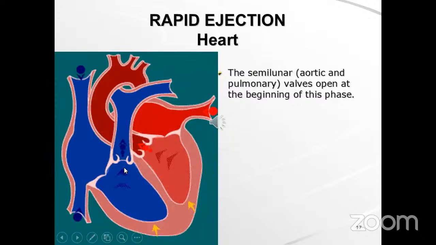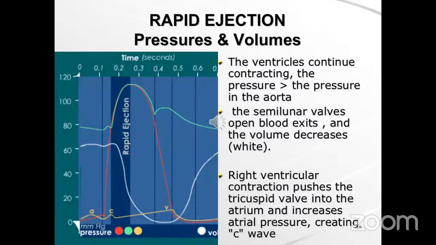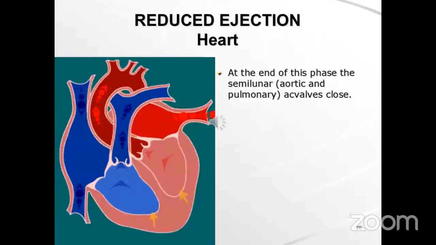See here, this rapid pull pushes this atrioventricular valve just a little towards the atria. This sudden gush of blood will push this valve to the atria, and that causes a small positive wave in the atrial pressure, and that wave is denoted as C. Next one is the reduced ejection, that is the end of systole.